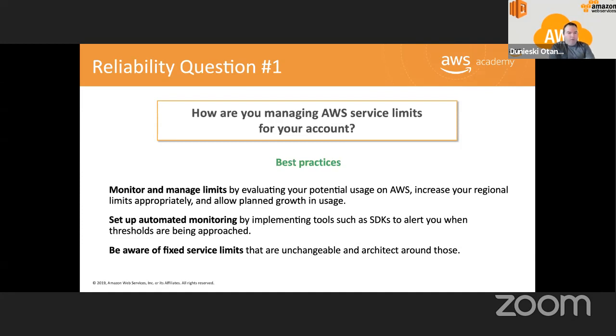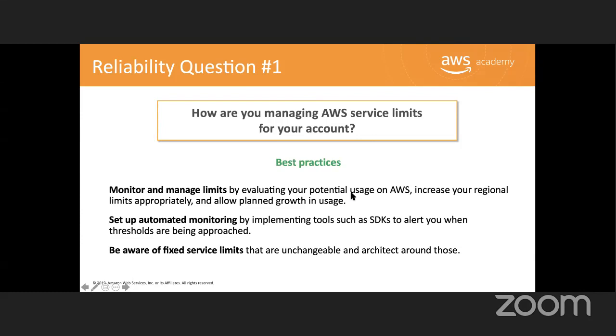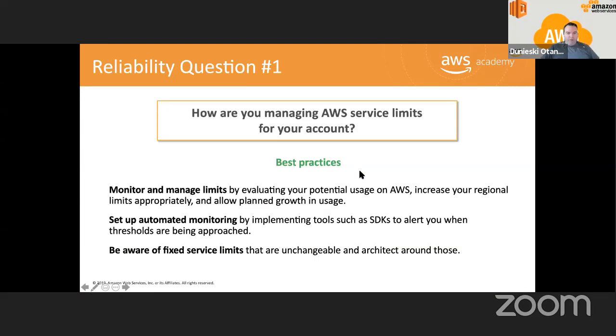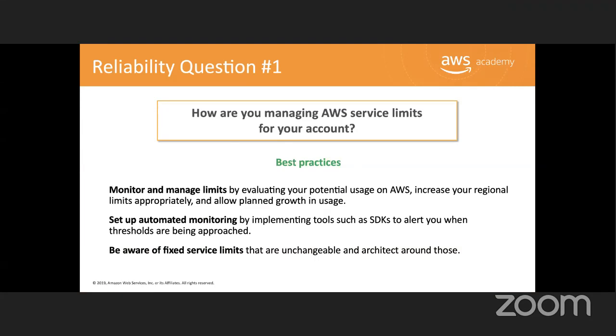So if it is soft, what do you do? No answer? Am I alone here? Increase the usage. So if it's a soft limit, what do you do if you reach the real limits? If there's a soft limit, you can call Amazon to remove it if you want to go above the soft limit. Am I right?